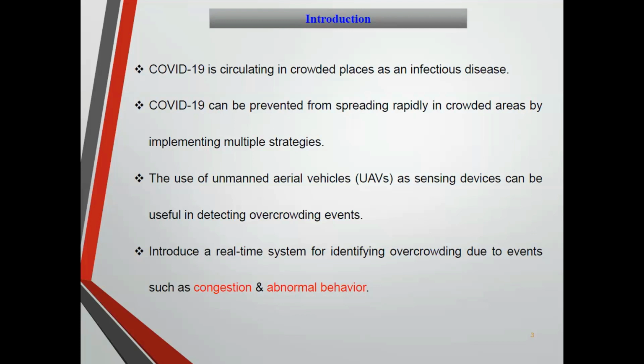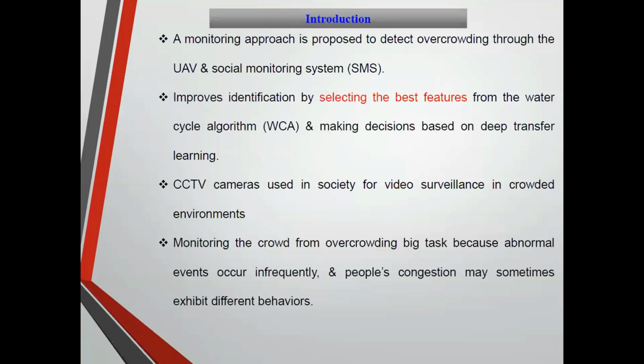We have proposed a UAV and social monitoring system, SMS, enabled deep transfer learning, and it provides the overcrowding scenario specifically for COVID-19. So it improves the identification by selecting the best features.